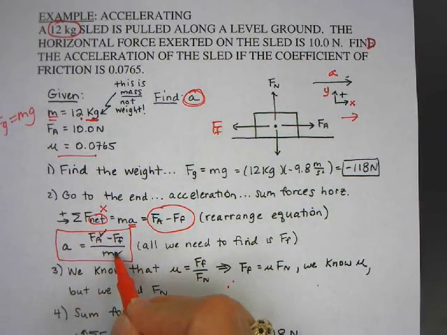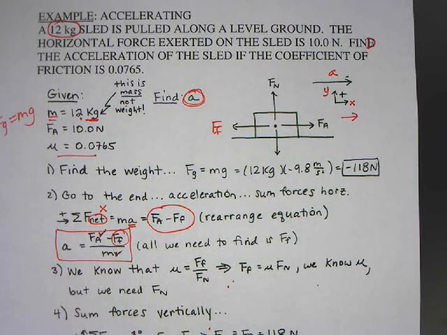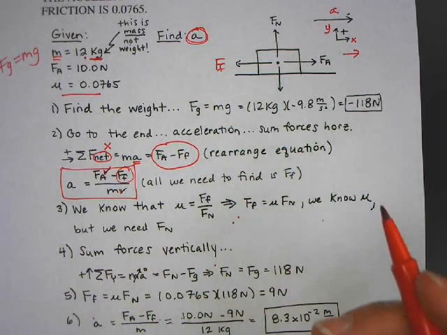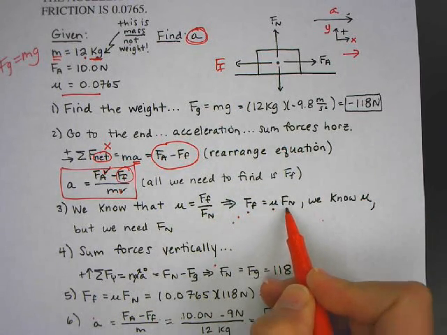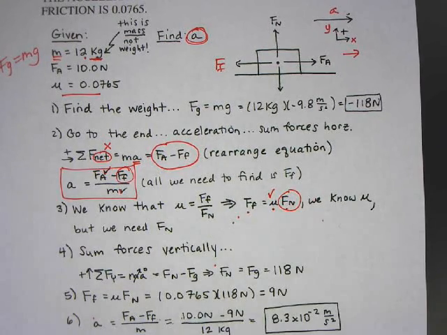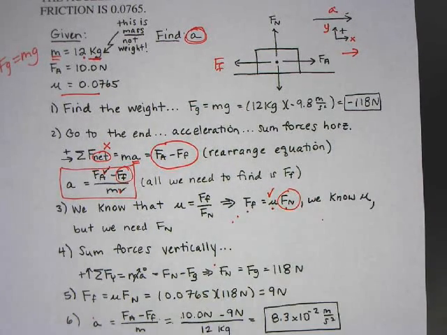So I have FA and I have m. The problem is I don't know FF, so I can't solve this. So this tells me what I need to do next. This tells me I need to find F of f. So we know that mu is F of f over F of n. So F of f is equal to mu times F of n. I know mu, that's given in the problem. The problem is I don't know F of n. So this now tells me the next step. It tells me what I need to find.